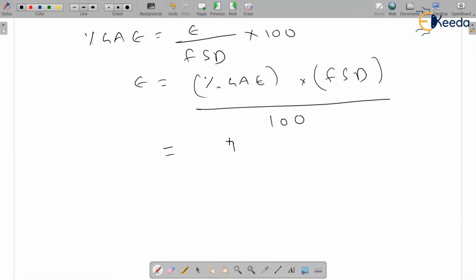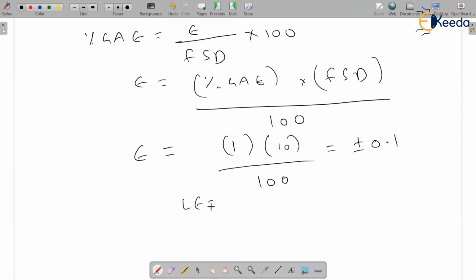I gave 1 into 10 by 100, which gives rise to plus or minus 0.1. So finally our limiting error is plus or minus 0.1.